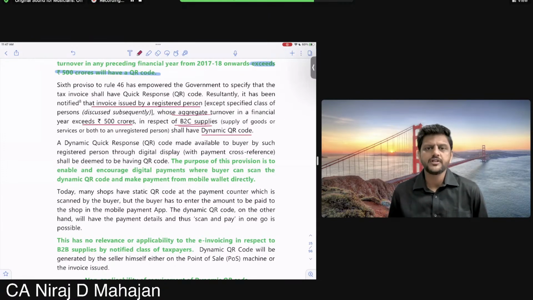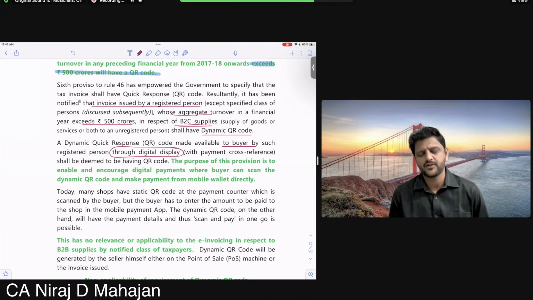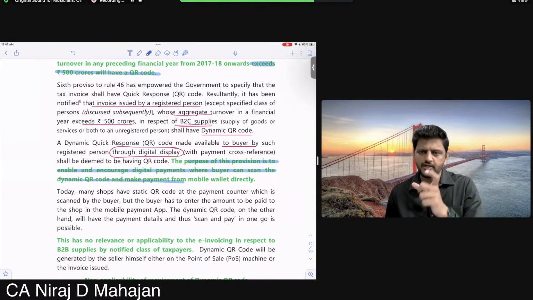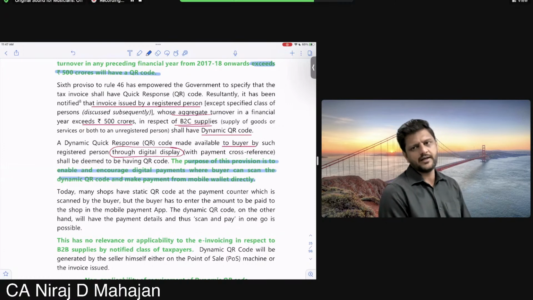The purpose of this provision is to enable and encourage digital payments, where the buyer can scan the dynamic QR code and make payment from a mobile wallet directly. If on the invoice there is a QR code printed, what do we do? We scan it, right?